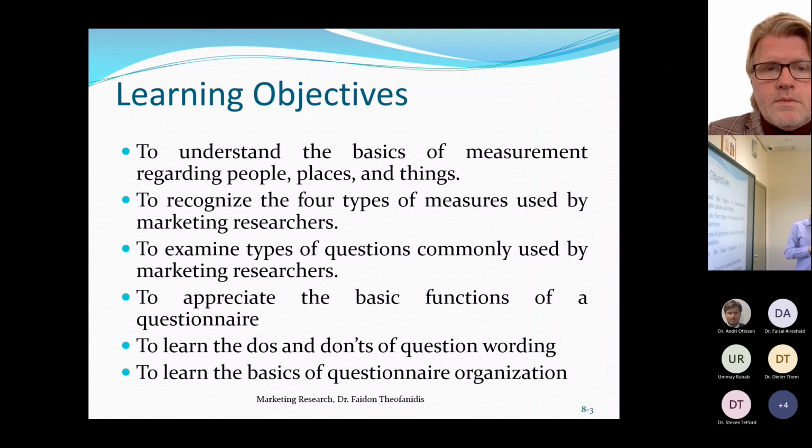Now, I have to tell you that initially this lecture was divided into 2 different sessions, but unfortunately, as per Dr. Vladimir's guidance, we have to deliver only 1 session. Therefore, for sure, I'm going to cover the first 3 learning objectives.